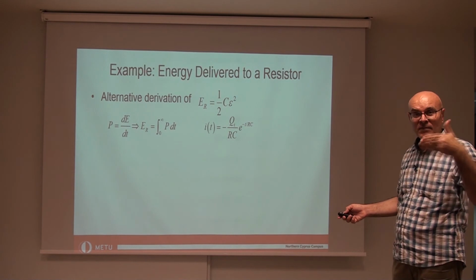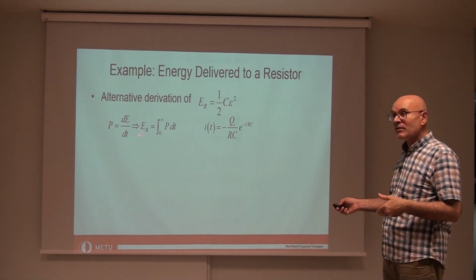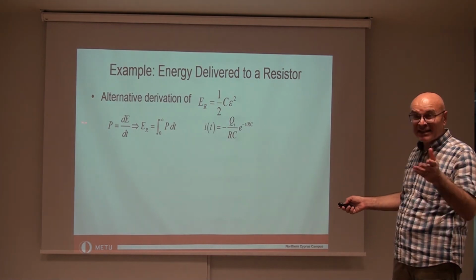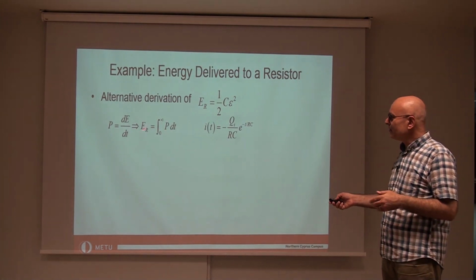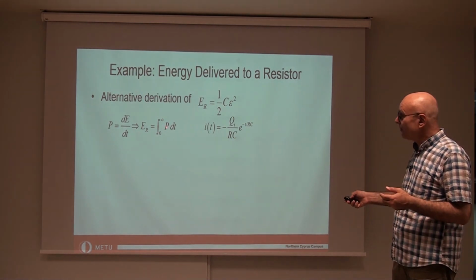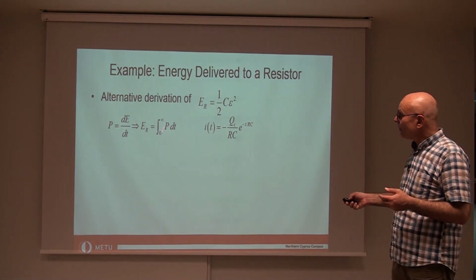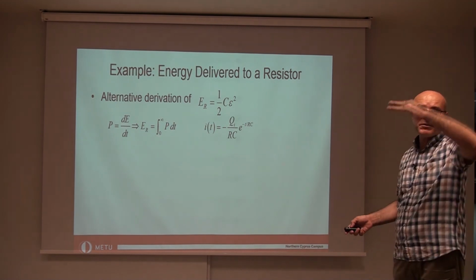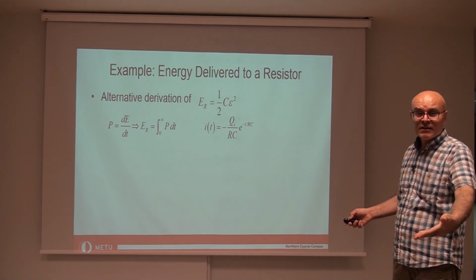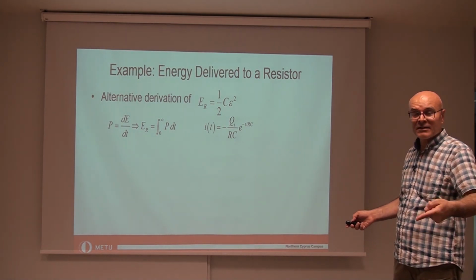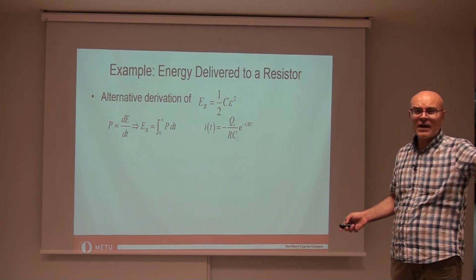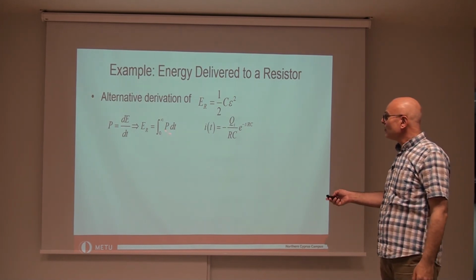So I want to find the energy in the resistor. E_R is equal to the integral from 0 to infinity of P dt. The energy delivered to the resistor at a rate P is the integral of the power from 0 to infinity. Why infinity? Because you start discharging the capacitor, transferring power to the resistor at 0, and the capacitor discharges after a long time, which we call infinity.